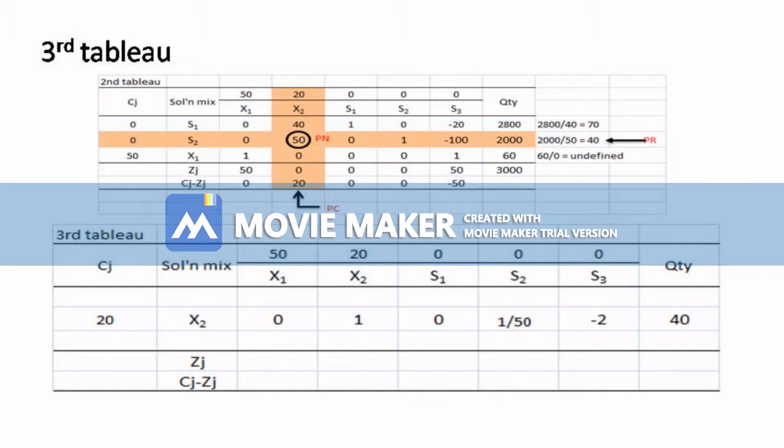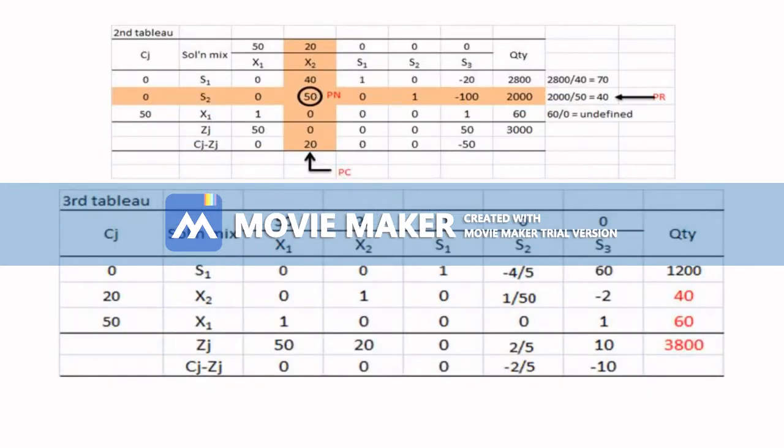And then we compute the new row numbers for the remaining rows S1 and X1, and after that, we also compute the Zj and Cj minus Zj. And since all the numbers in our Cj minus Zj row are 0 and negative, we have now reached the optimal solution of the problem.